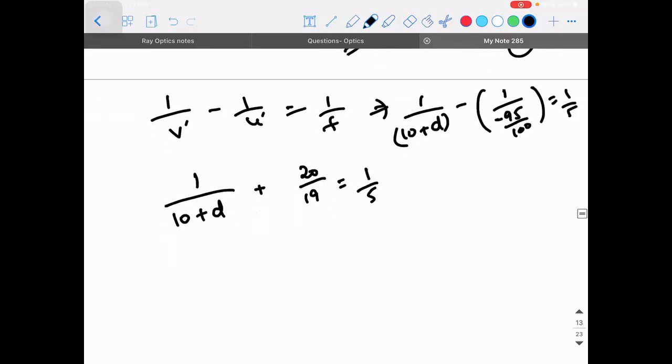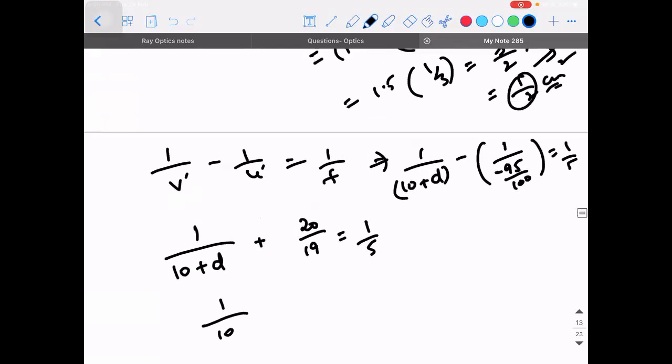Sir, it's 95 by 10, right? 95 is 19 only. Sorry. So it is 2 divided by 19. 1 by 10 plus d is 1 by 5 minus 1 by 19.